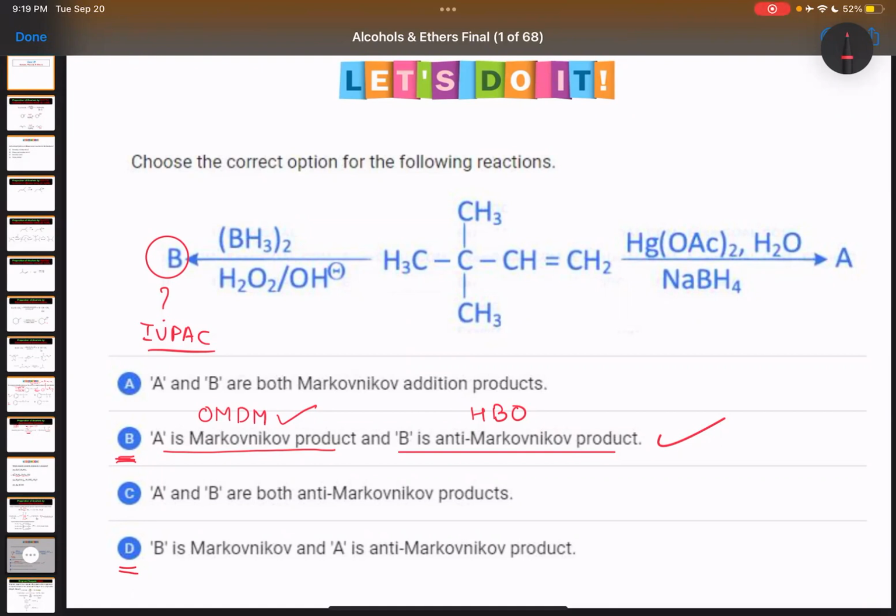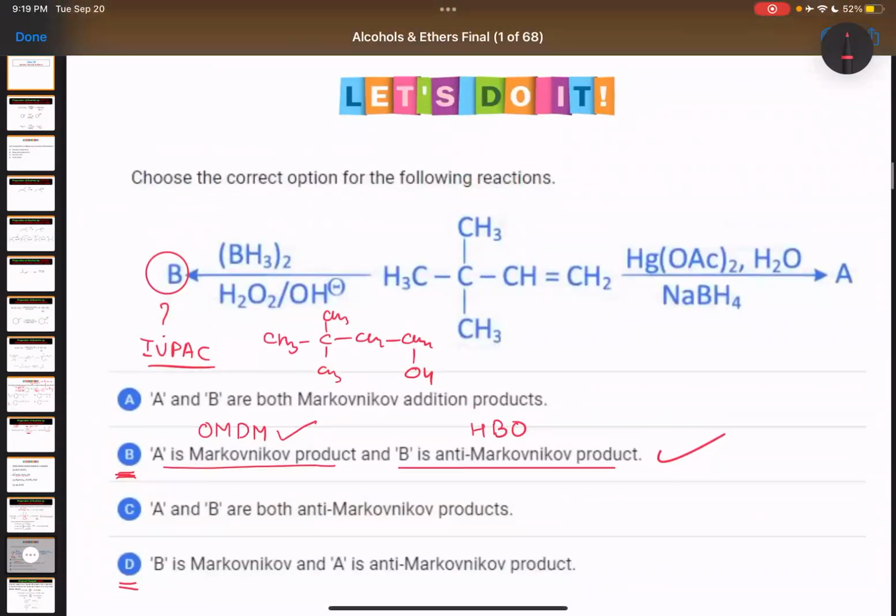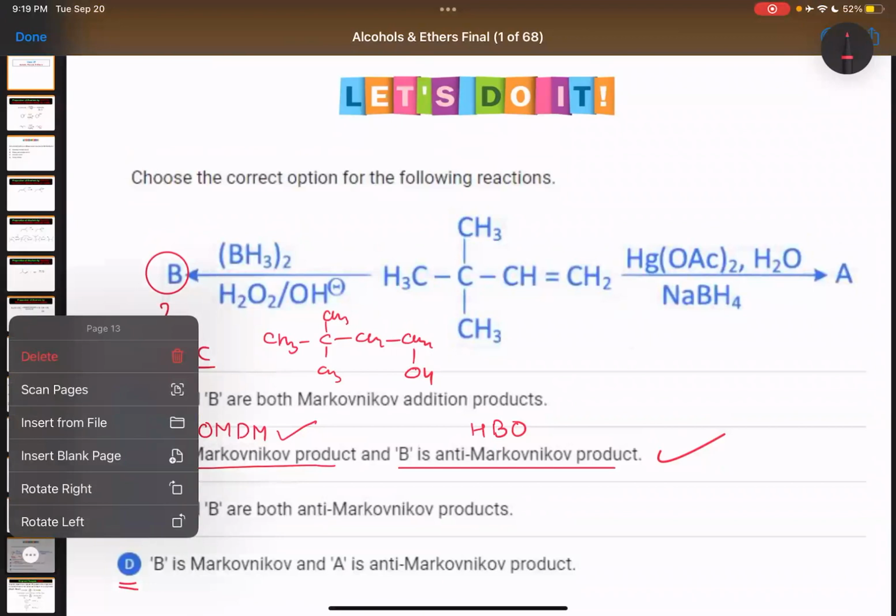Yeah, butan-2-ol? Yes, sir. 2-ol or 1-ol? 1-ol. Yeah. 3,3-dimethylbutan-1-ol. Right. Okay. Yeah. So let me just ask you one more problem.